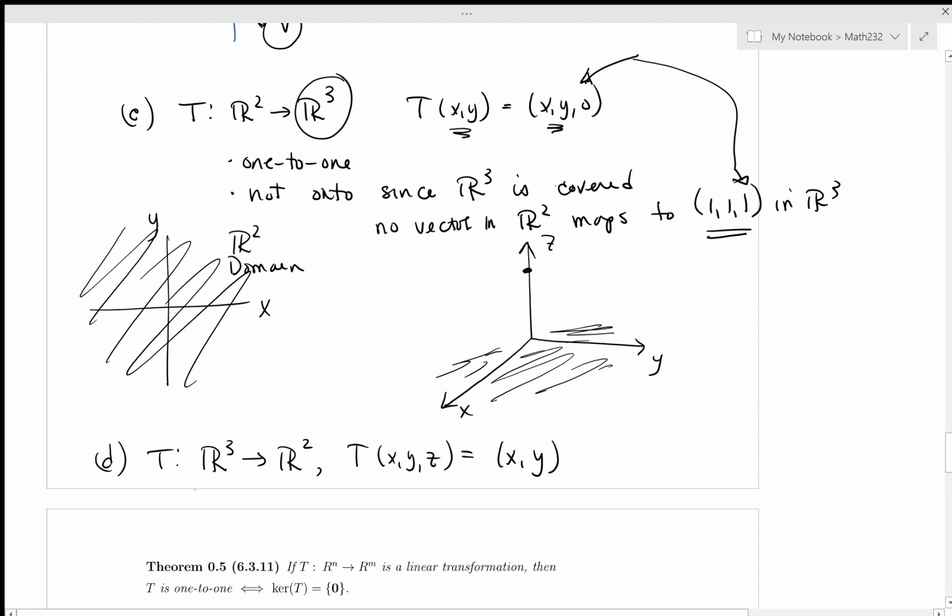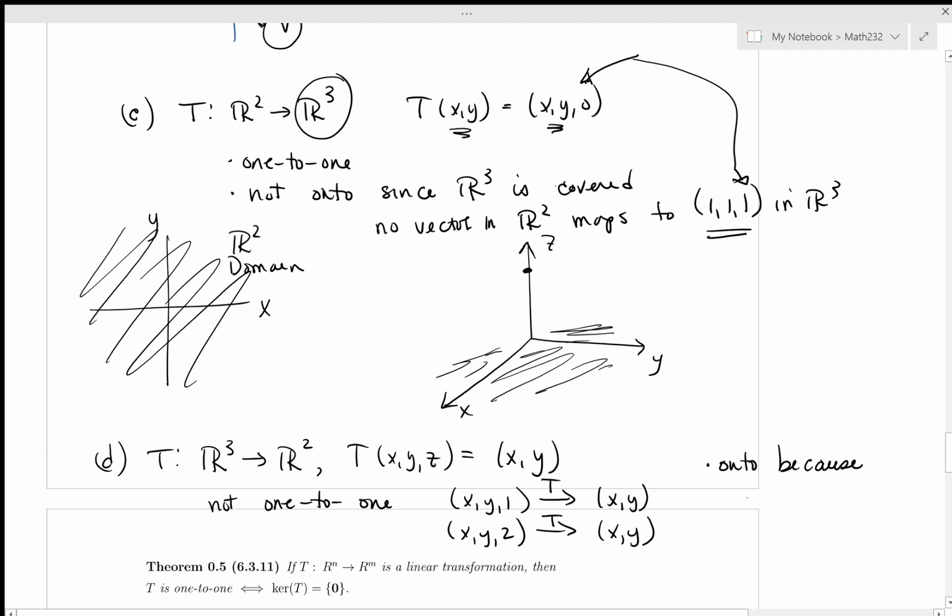So it's not one-to-one. You could see, for example, that (x, y, 1) maps under this transformation to (x, y), and (x, y, 2) also maps under this same transformation to (x, y). So two inputs map to the same output. It's not one-to-one. It is, however, onto, because all of R2 is covered.